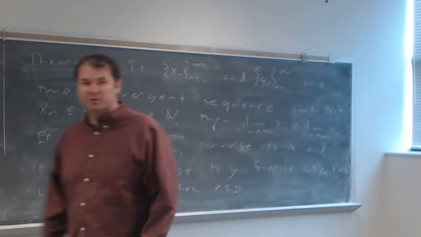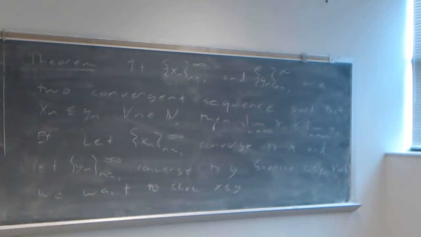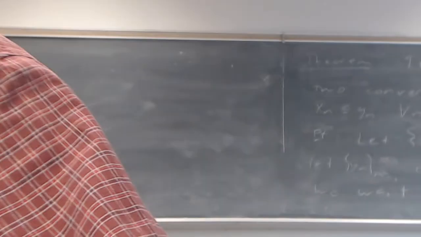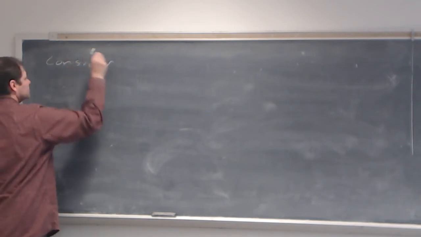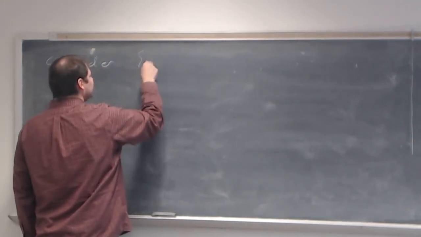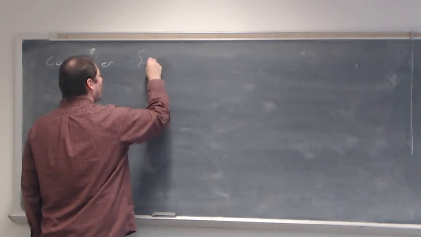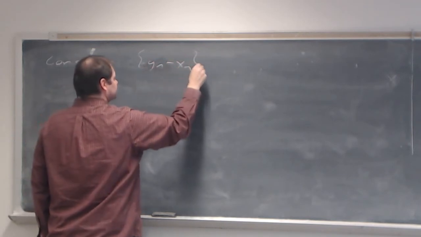So what we're going to do is consider a sequence that's an algebraic combination between those two sequences. Namely, we consider the sequence that is y sub n minus x sub n.